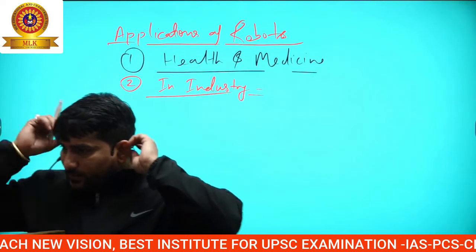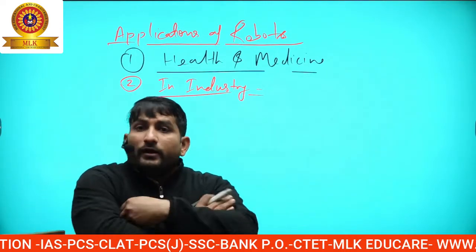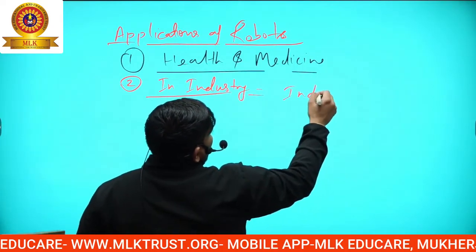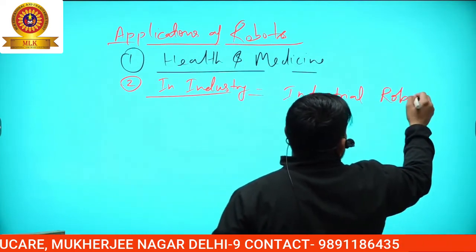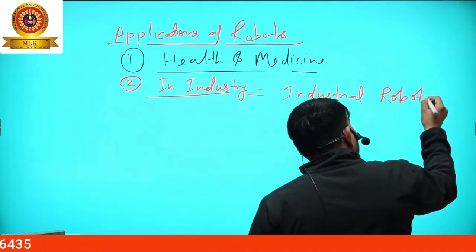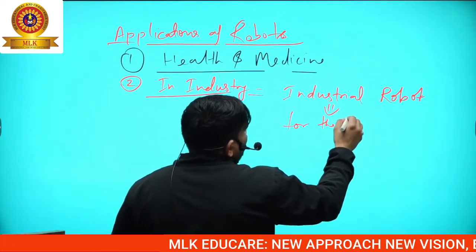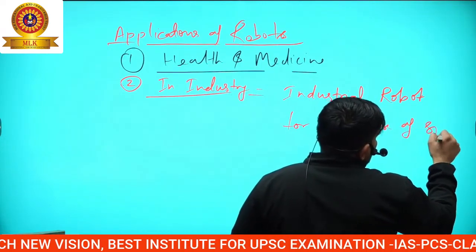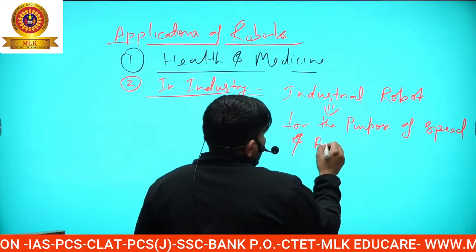For speed and accuracy in the automobile industry, industrial robots are widely used. In the industry we are using industrial robots for the purpose of speed and accuracy.